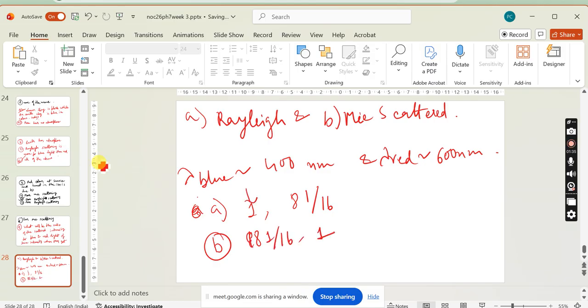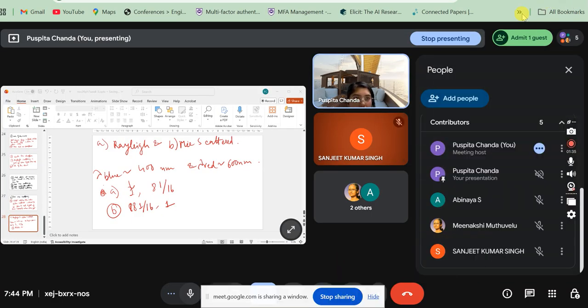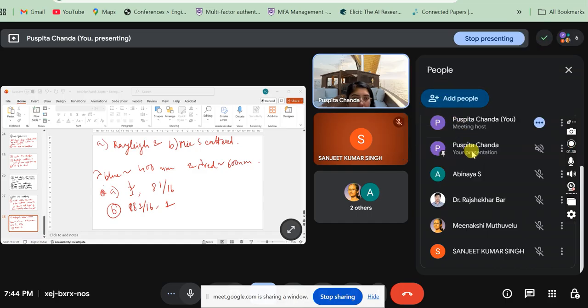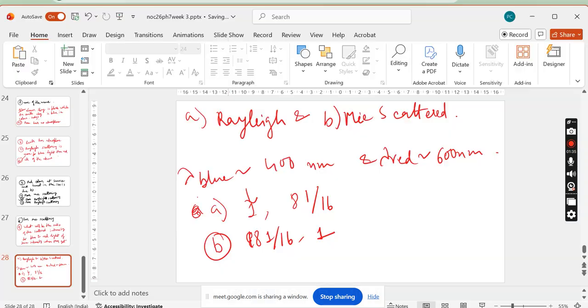The first value is for Rayleigh scattering, and the next value is for Mie scattering.